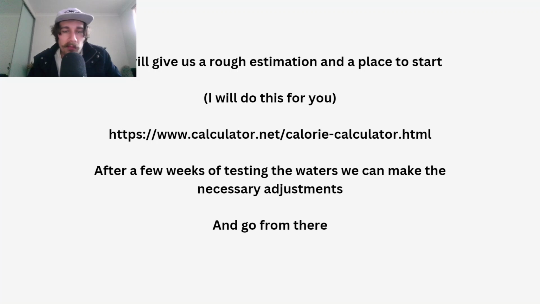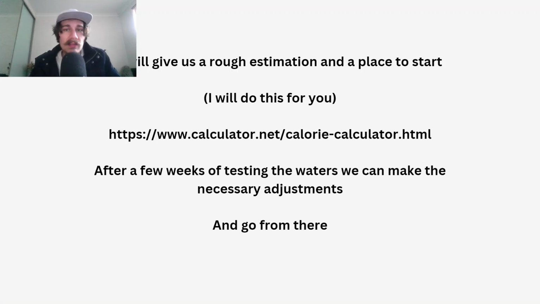They have a couple of formulas, but there's only one that's actually properly accurate. And after you put all that information in, it will give you your maintenance calories. And this is a rough estimation, and it just gives us a place to start. This could be slightly less, it could be slightly more, but the point is we get these maintenance calories, and then we just have to test the waters.